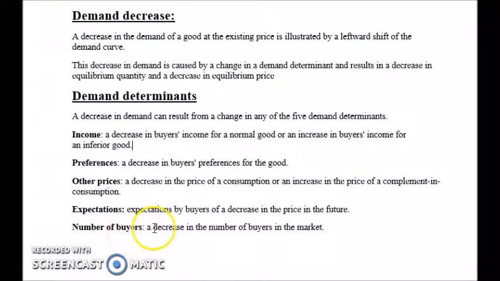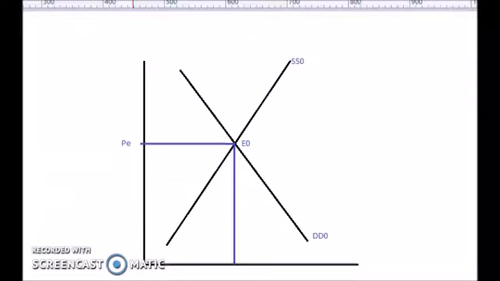Also expectations is positively related, and the number of buyers is positively related. So essentially these all indicate positive relationships.